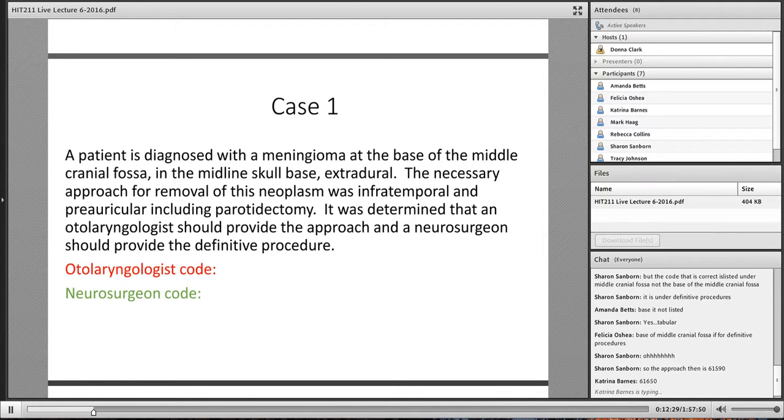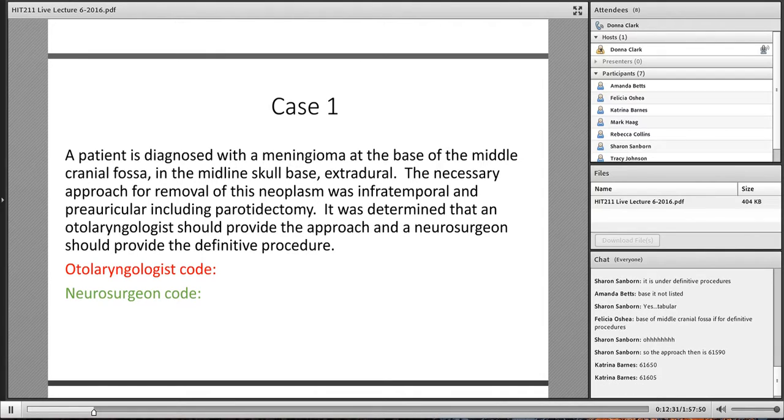All right, and we're still going to have middle cranial fossa. And let's see what you all are picking here. All right, so you're saying 61605. Let me see what that says.